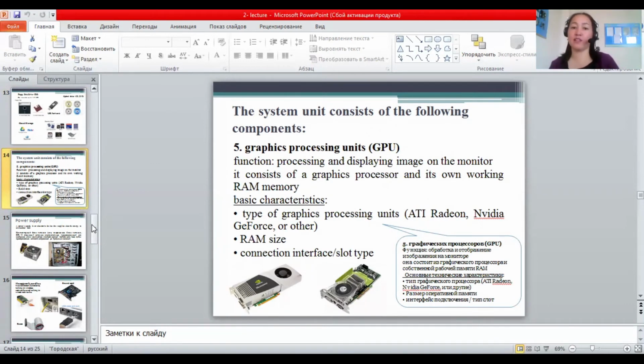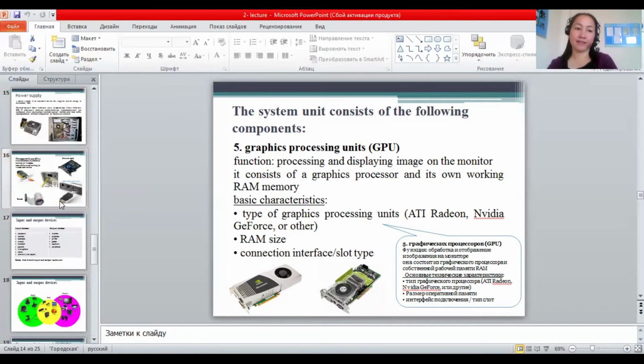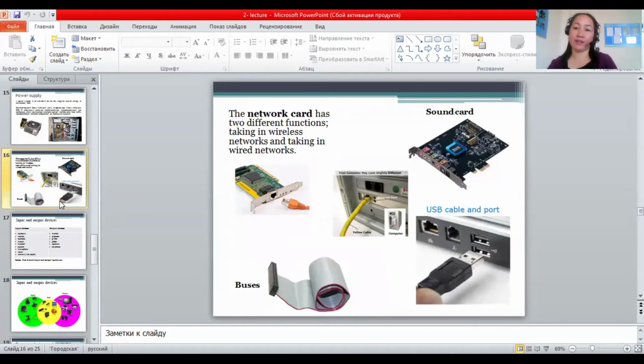Third: its connection interface or display slot type. And the next slide, the network card. It's a local card, yes. Sound card, USB cable port. It has two different functions: connecting to wireless networks and connecting to wired networks.